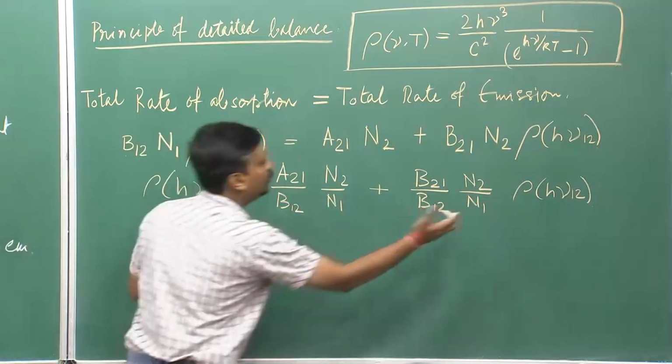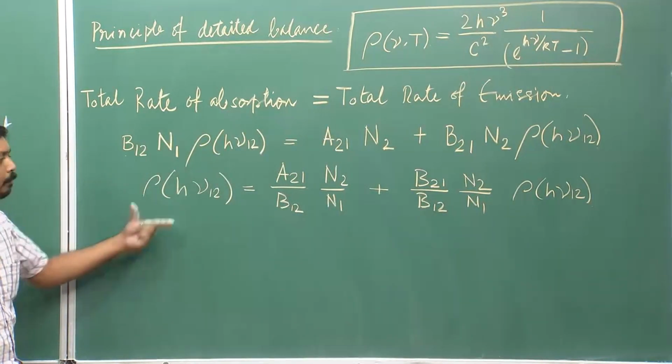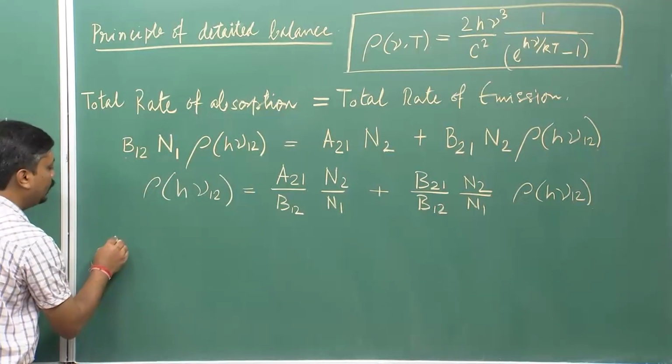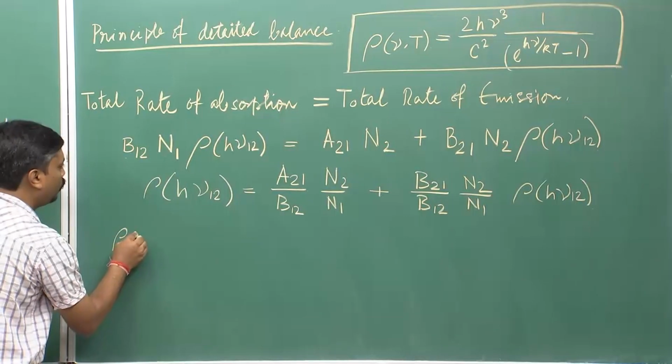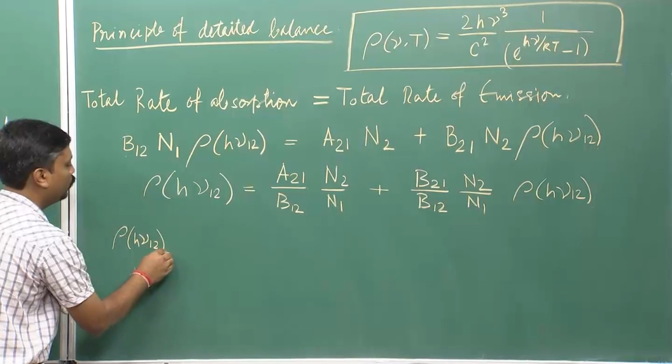Now, this term has one rho and here also we have rho. So, if I take this term on this side, so what will I get? I will get rho h nu 12.